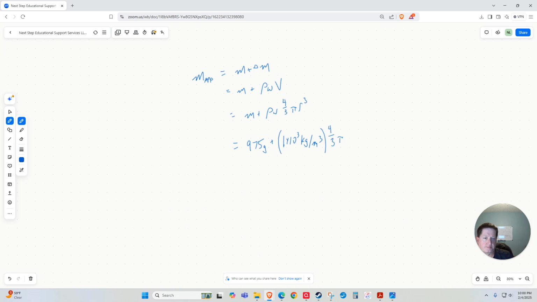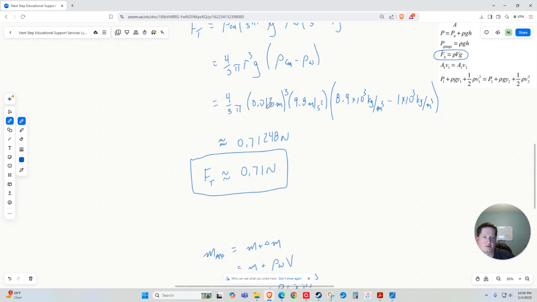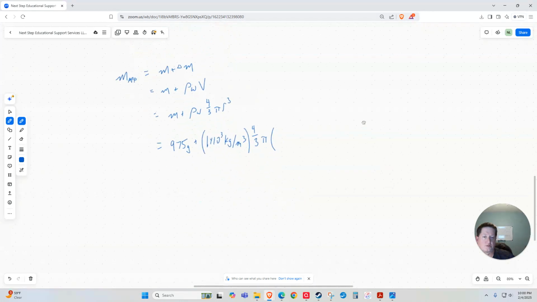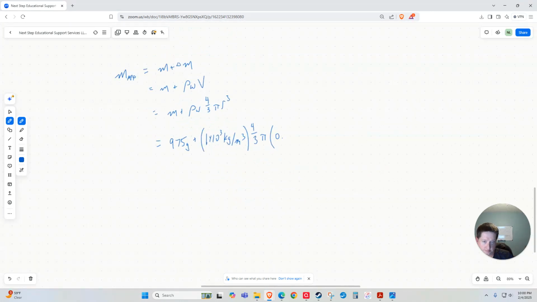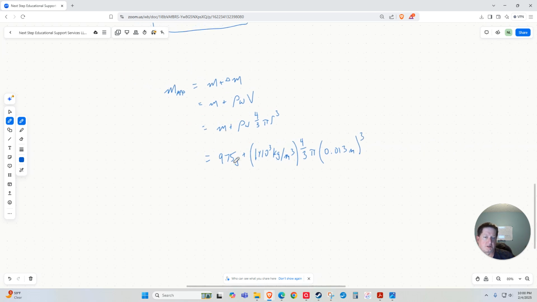Multiply by 4/3, multiply by pi. And the radius we used before is 0.013 meters, cubed. Now we're going to pick up our calculators and see what number we get here.